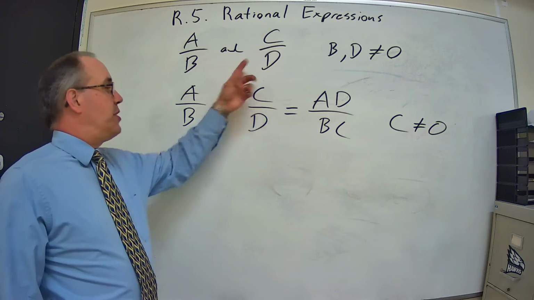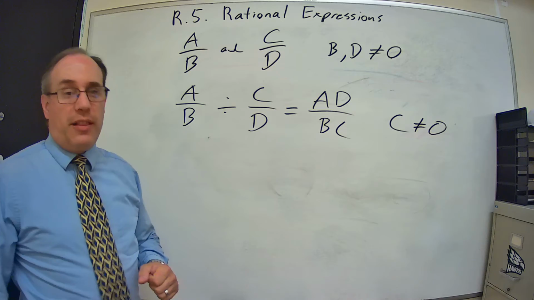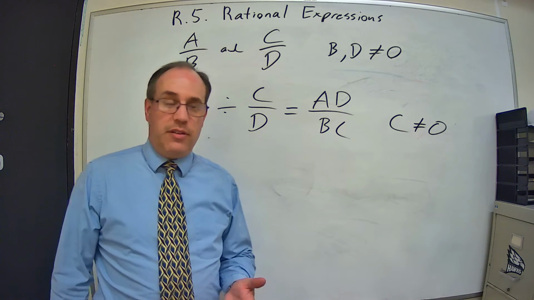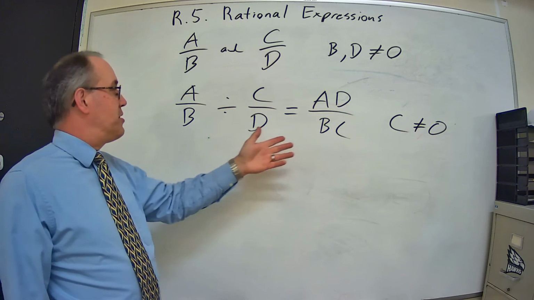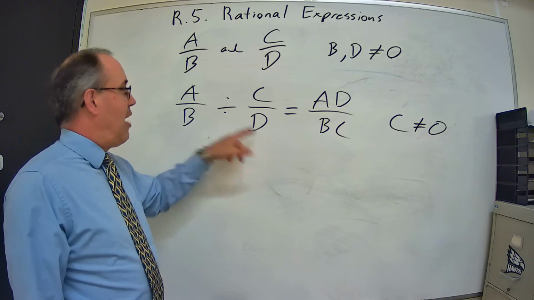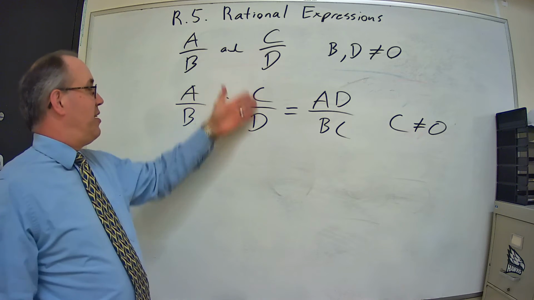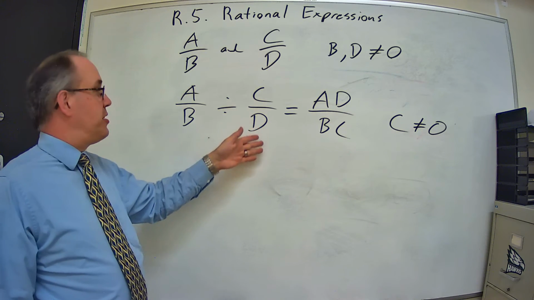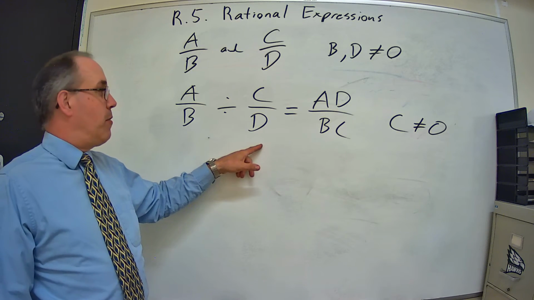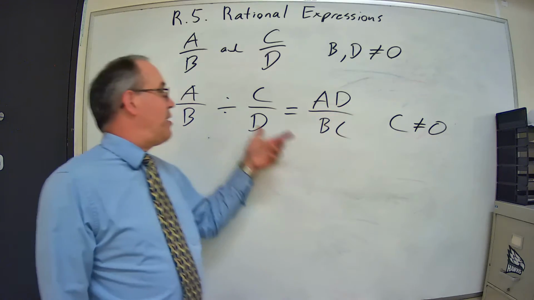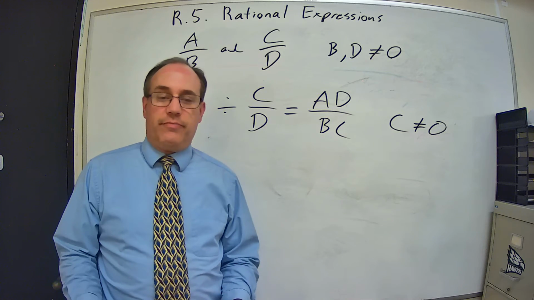Because now that we're going to put C into the denominator to change it to multiplication, that can't be allowed to be equal to 0 either. So when you're dividing rational expressions, you actually have 3 out of 4 parts that can't be equal to 0, because originally you had these 2 rational expressions which you couldn't allow either one to have a denominator equal to 0. But then to do the multiplication, you end up flipping the one, so its numerator can't be equal to 0 either.